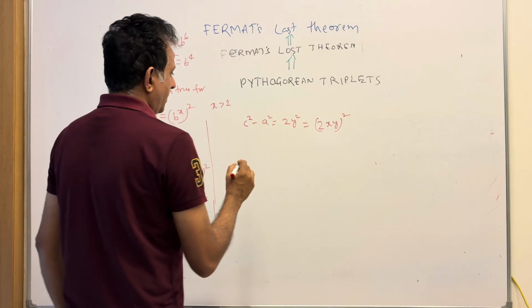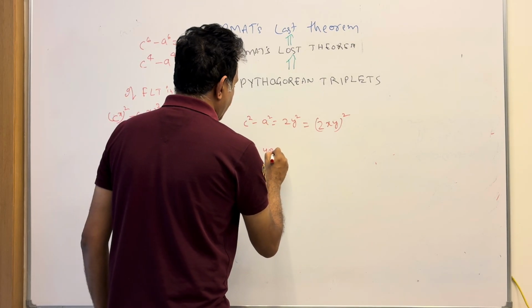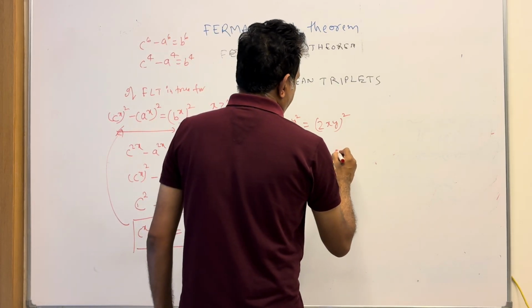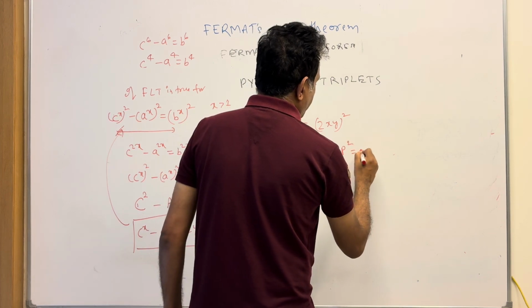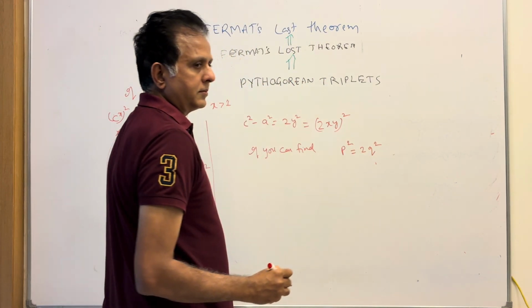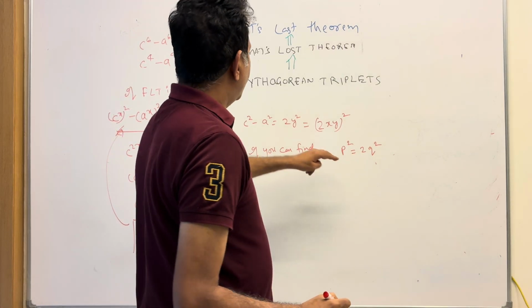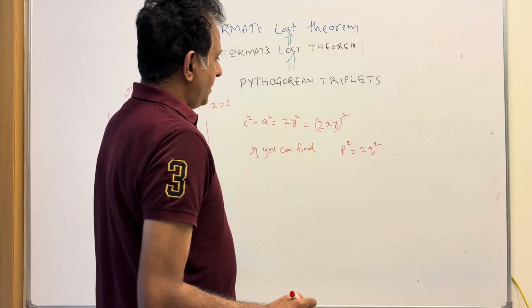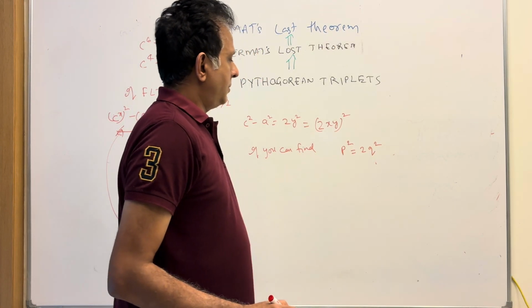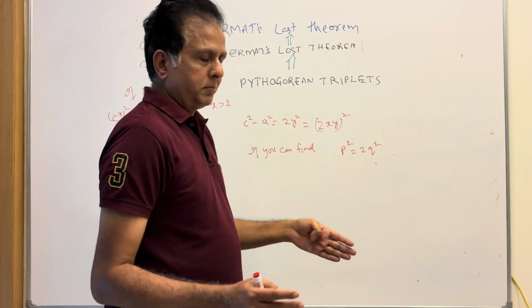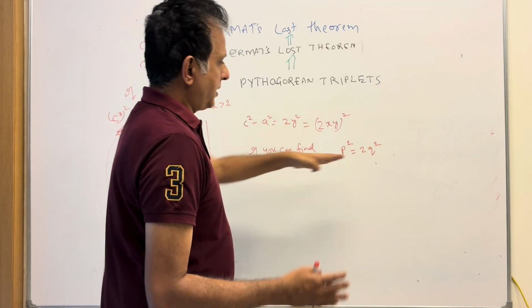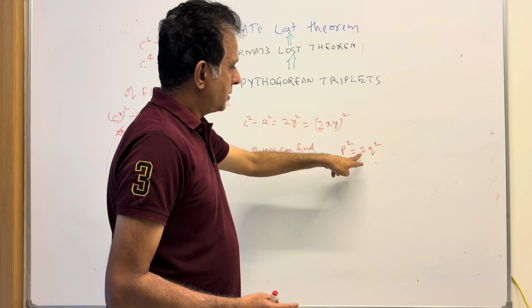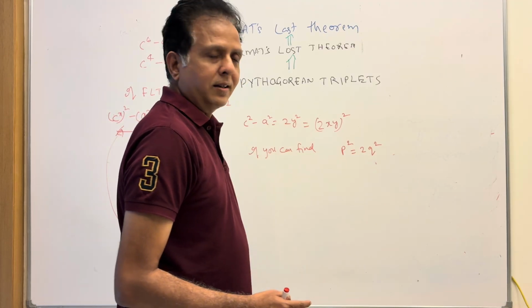Okay, so in short, take any squares, p square equal to 2q square, then actually you can find this. We'll try to see whether we can find any p and q where one of the squares is 2 times the square of the other.